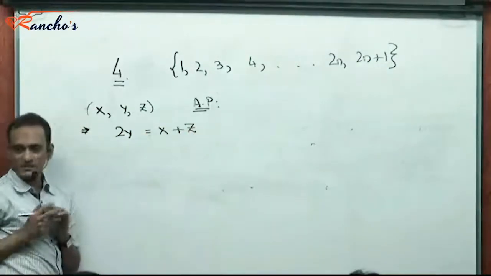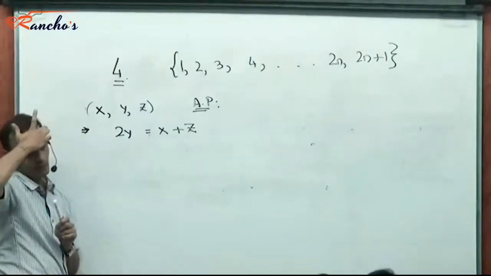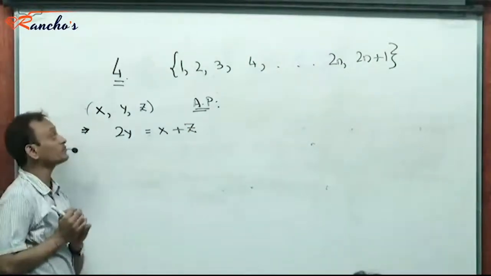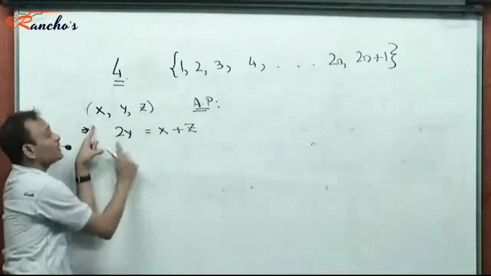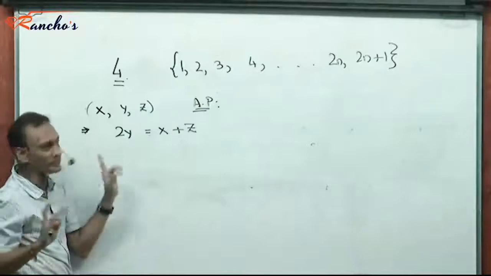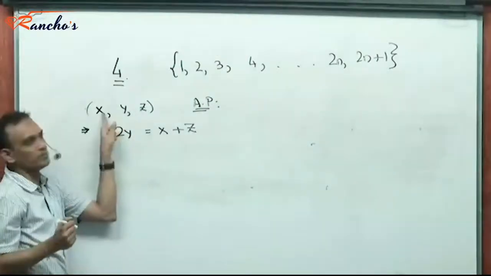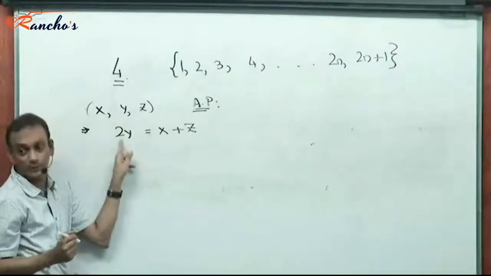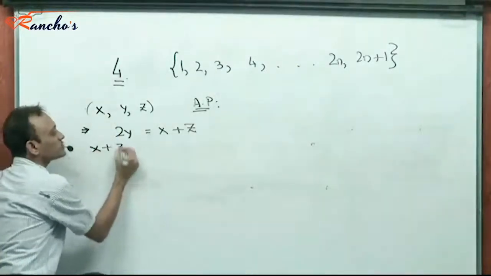Which means that the two outer numbers must add up to an even number. That's the only requirement, isn't it? That means x plus z must be even.